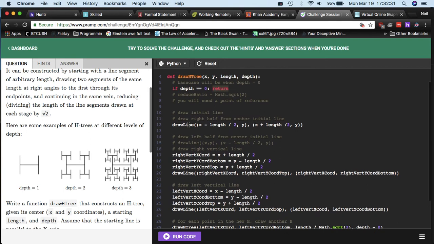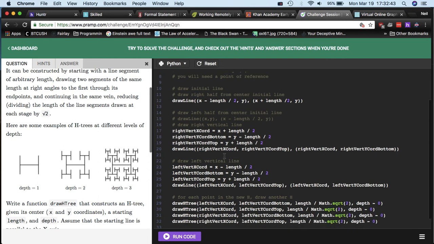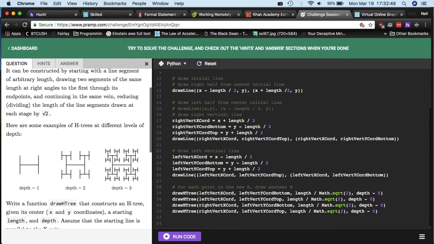So you draw a line from, pretty much, you have to divide the length by 2. The y coordinates stay the same to get the horizontal, and for the vertical ones, I just made some helper variables, which makes it a little easier to read.